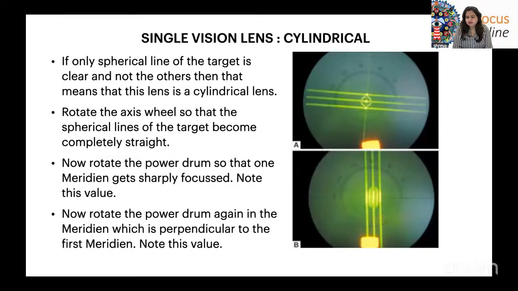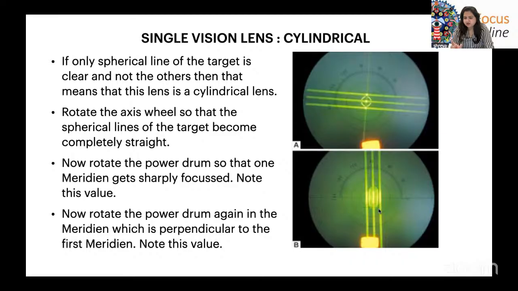But if while we are rotating the drum, only one single cross is getting a little focused and the other one is not getting focused, that means that we are dealing with a cylindrical lens. So in this case, we'll be rotating the axis wheel, which is for cylinder, so as to focus one of the lines properly. And we have to see that the two target Mires should be perpendicular to each other. And then we start rotating the power drum, so that at least one meridian gets sharply focused.